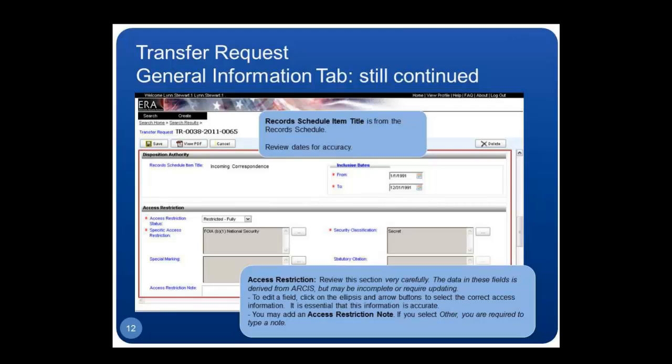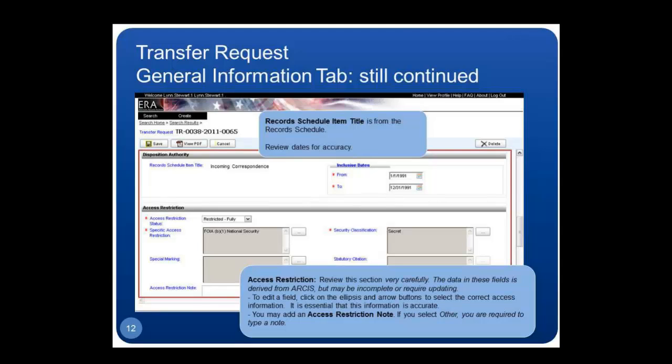These are restrictions that you have on records and who may access them, who may see them in the first place. Again, this is very important and it's a very critical section. We derive all the information that we can from what is in ARCIS, but that is not necessarily every piece of information the National Archives use in order to transfer those records.